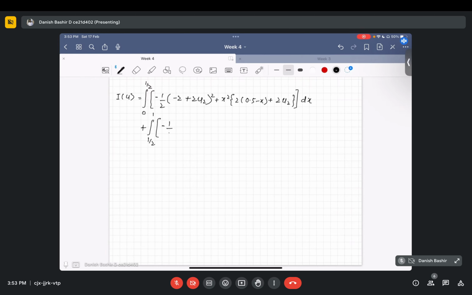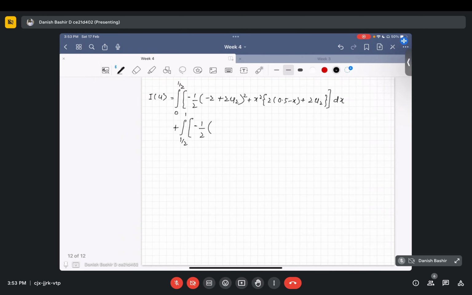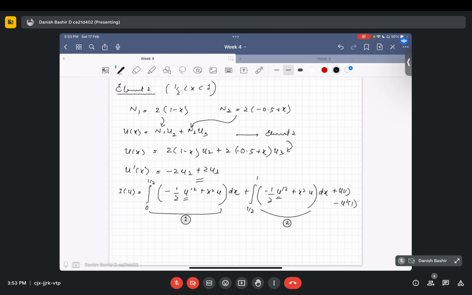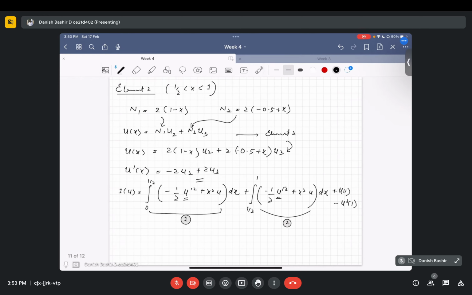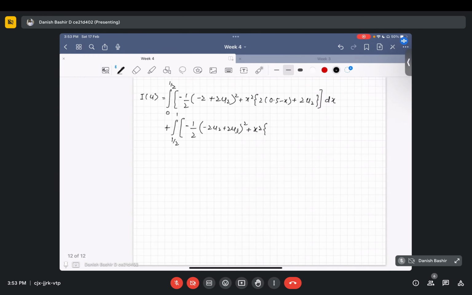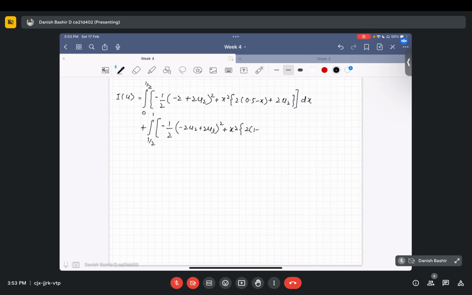The functional term will be minus 1 by 2 times u dash of x squared. U dash is equal to minus 2 u2 plus 2 u3, squared, plus x square times the u of x in element second. U of x in element second is given by this equation: twice (1 minus x) times u2 plus twice (minus 0.5 plus x) times u3, dx.